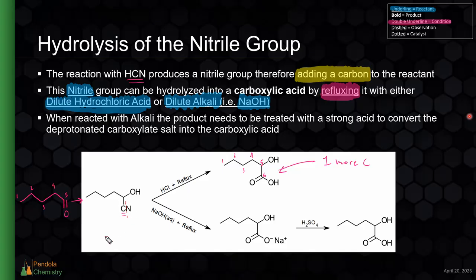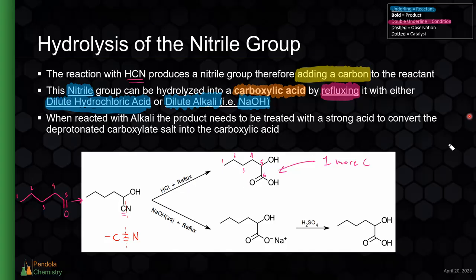So if we zoom in on this, it will be a carbon triple bond nitrogen, and then that carbon triple bond nitrogen is being broken off, and that carbon is being turned into a carboxylic acid. The product of the hydrolysis of a nitrile group is always going to be a carboxylic acid. So the carboxylic acid that we create is the result of using either an acid or a base to break apart the carbon triple bond nitrogen.